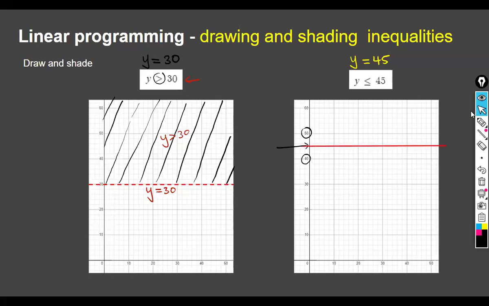And you notice I put it exactly in between the 40 and the 50. And this one should have been a solid line because it's less than or equal to 45. Where do we shade? Above or below? Common sense will say, well, it's a less than question. It has to be below, and it is.